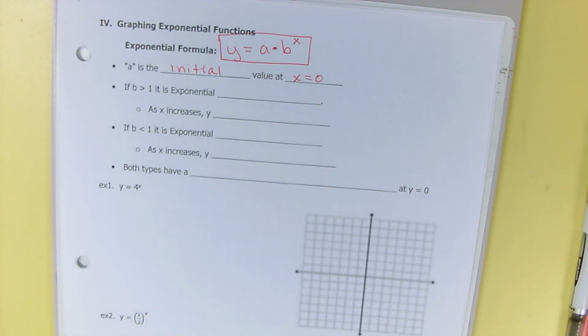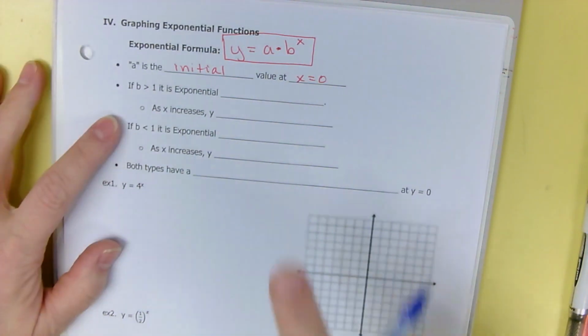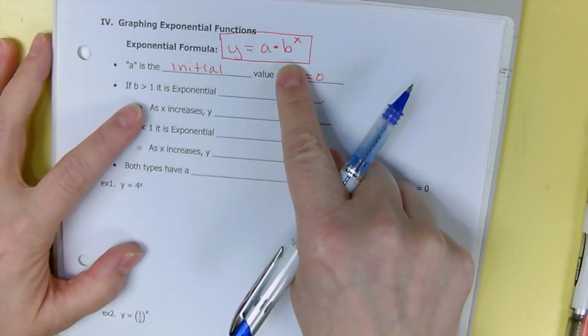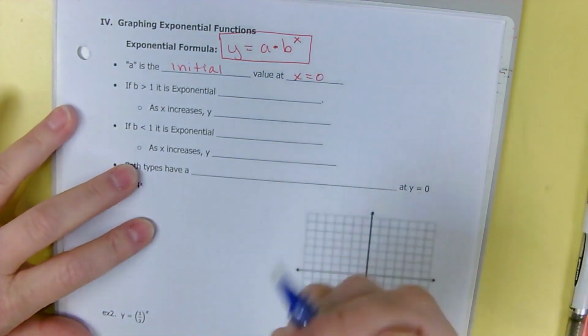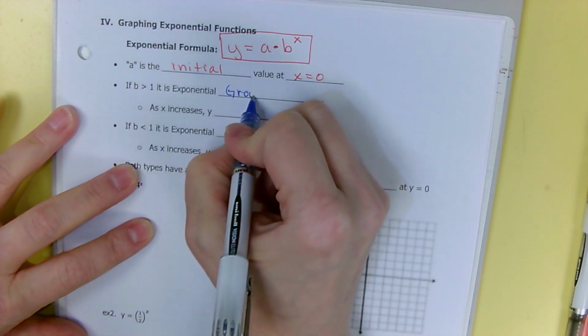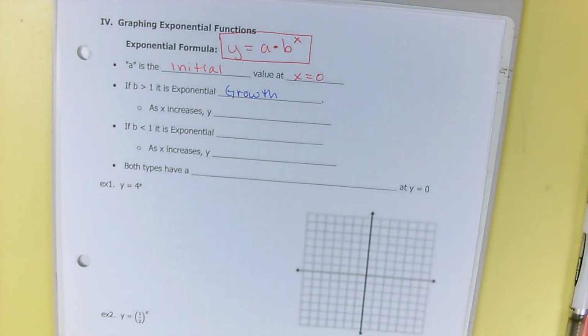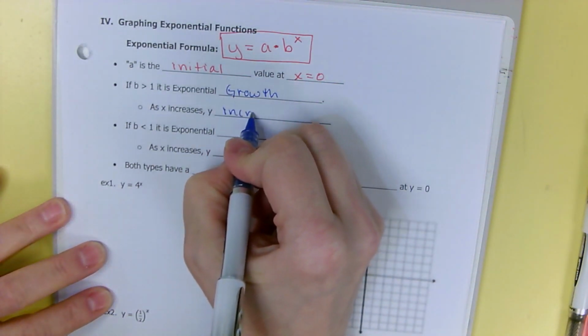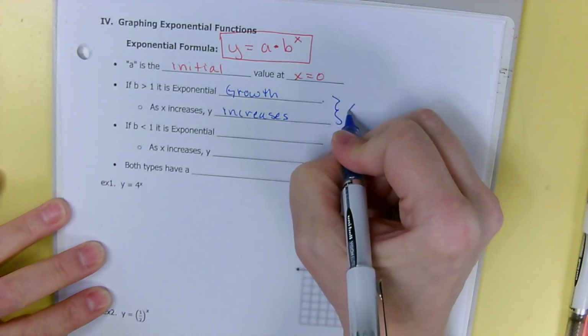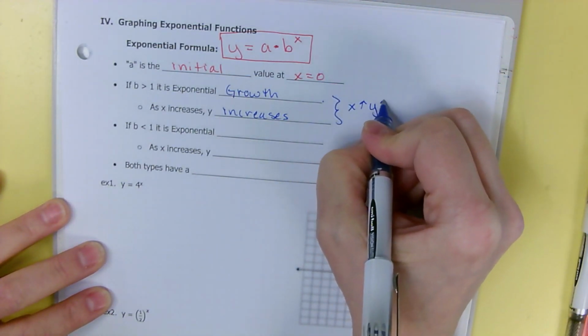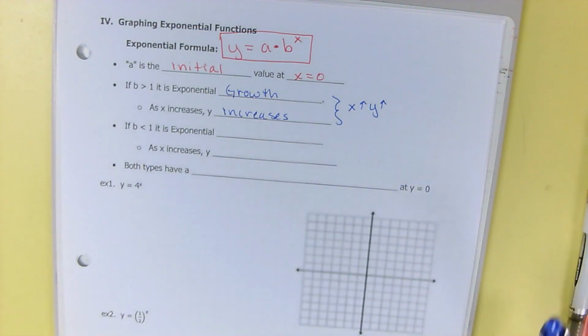Now there's 2 ways that an exponential can go. The first way is if the b, which is the base of the exponent, is greater than 1, then this is called exponential growth. So as x gets bigger, as x increases, y increases. Sometimes you'll see me write this as x goes up, y goes up.